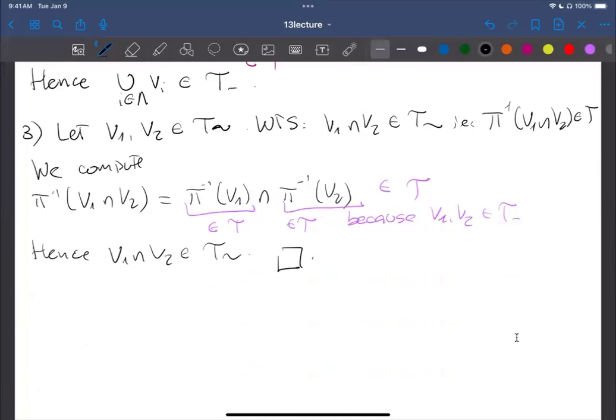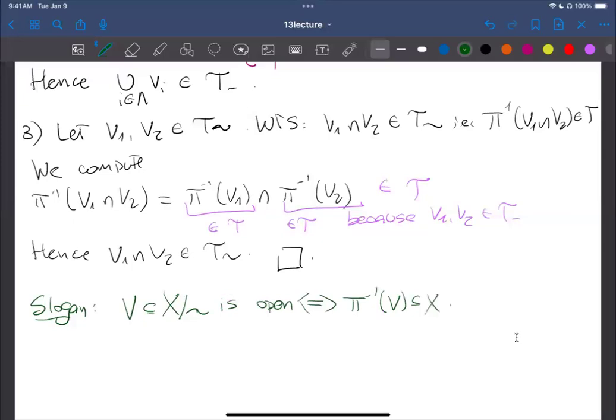So in other words, let's write the slogan here. So the slogan is the subset of the quotient space is open by definition if and only if the preimage under the quotient map is open in X. So that's the slogan for the quotient topology.